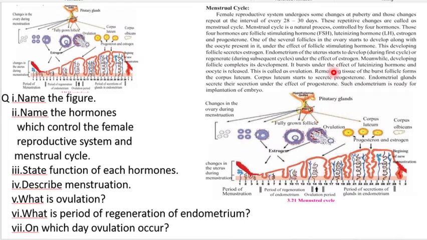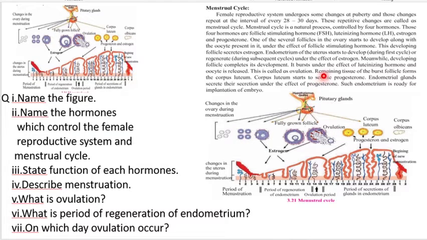Now, what is ovulation? Meanwhile, the developing follicle completes its development and it bursts under the effect of the luteinizing hormone and the oocyte is released. Here the oocyte is released and this is called ovulation.